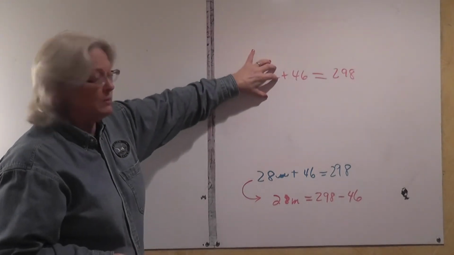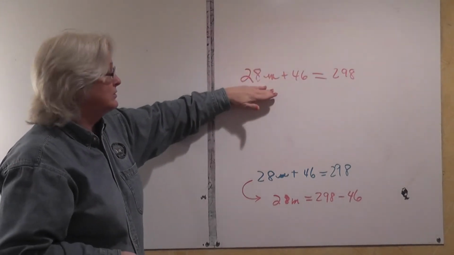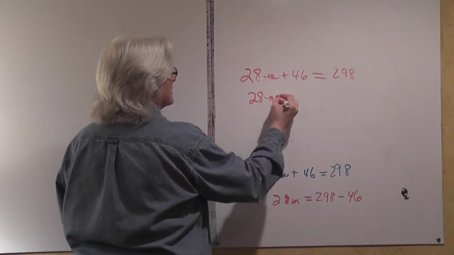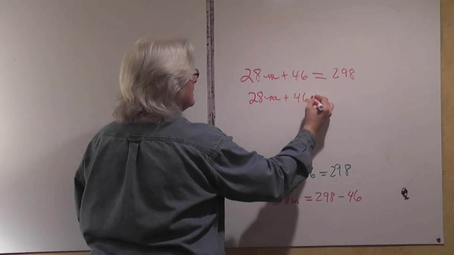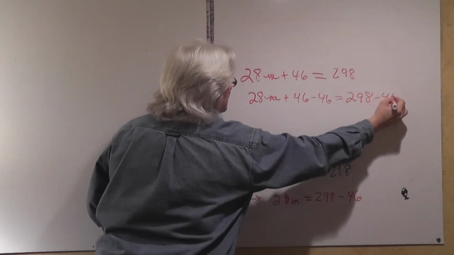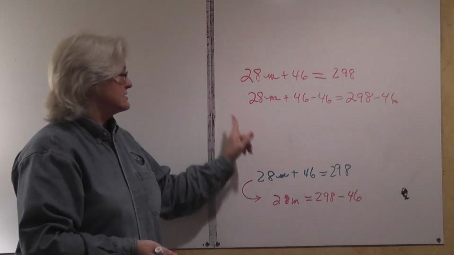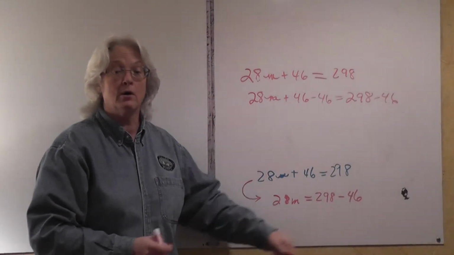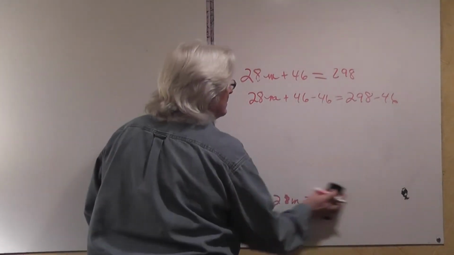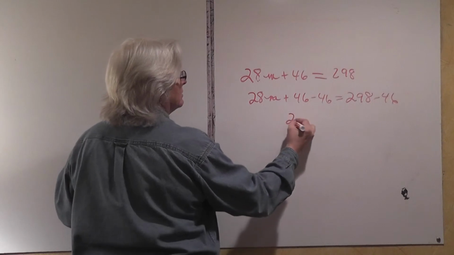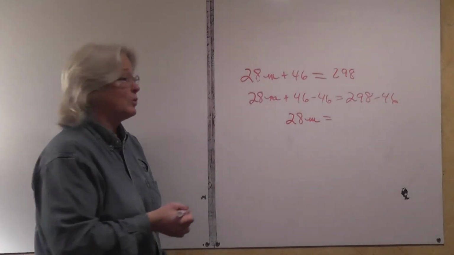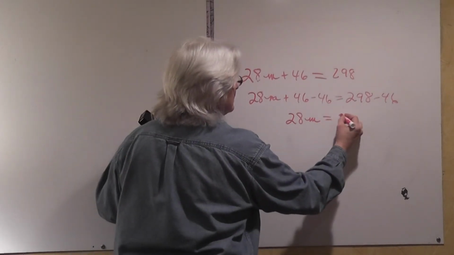We've added 46 to 28 times the variable, so we have to subtract 46 from both sides of the equation. 298 minus 46, and see, we're right at this point already. Now we end up with 28m is equal to 298 minus 46, which gives us a difference of 252.